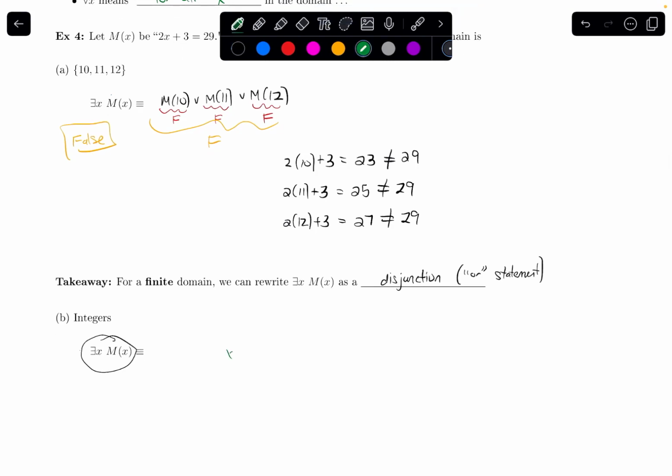X equals 13 makes 2x plus 3 equal 29. It makes that happen. So as a result, does there exist an x such that m of x? Yes, there is. So this is true. I will put a T here because there is an x that makes it work.